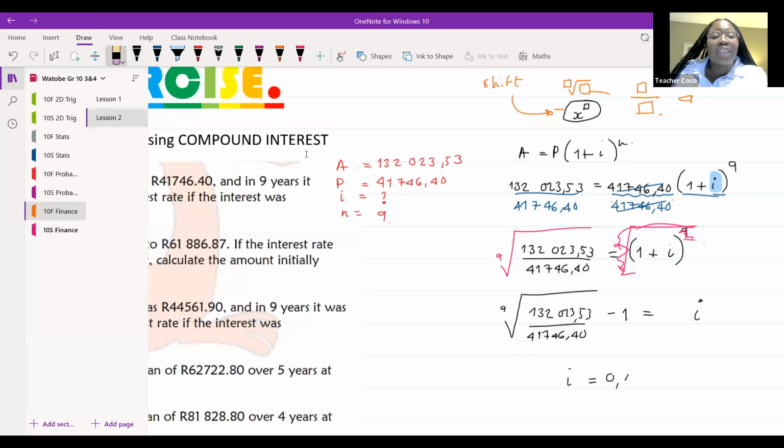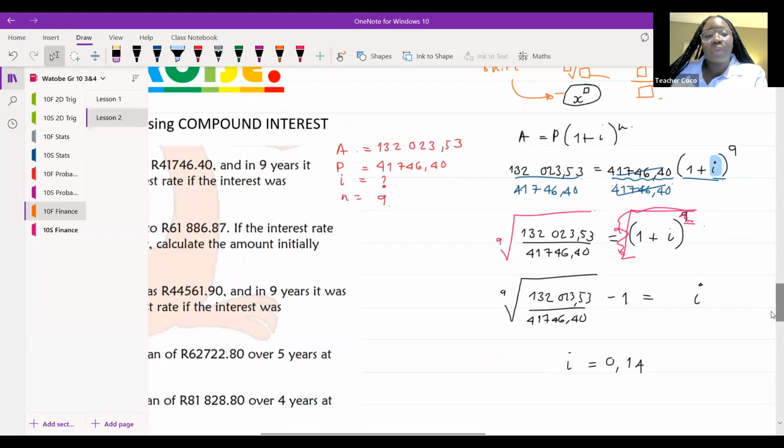But we haven't yet converted our decimal over here into an interest rate. It's not an interest rate. It's a decimal out of 1. So we know that interest rates are calculated out of 100. So what do we need to do with this number here? What would we need to do in order to turn it into a percentage?